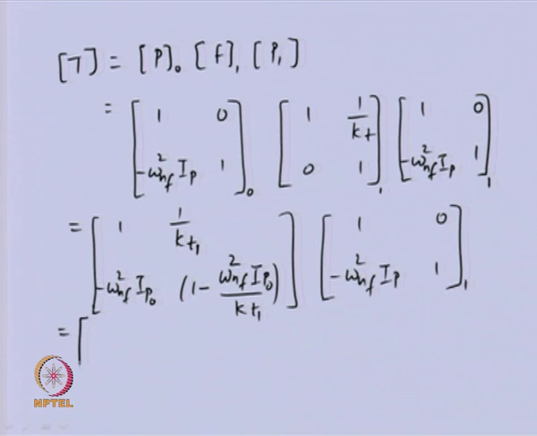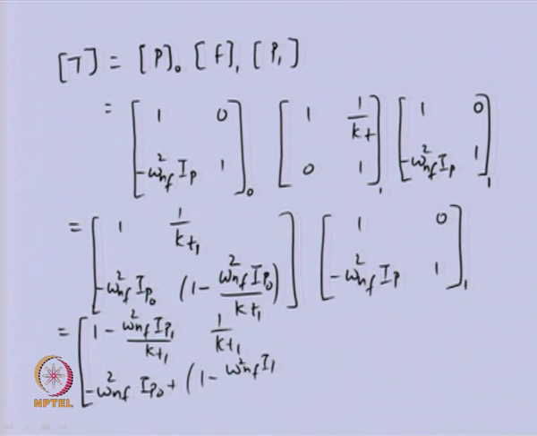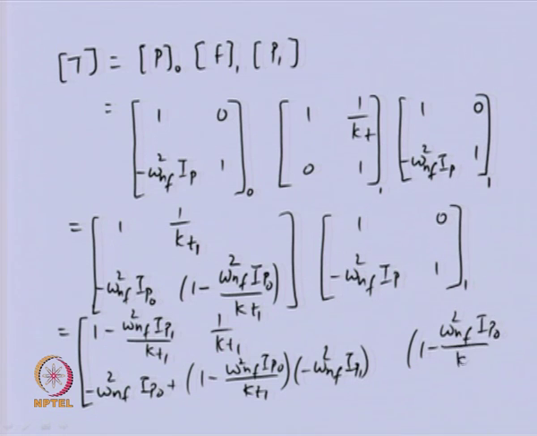Now, if we multiply this, we will get IP1 by KT1, then 0 1 by KT1, and then minus omega NF IP0, and plus 1 minus omega square NF IP0 by KT1 and minus omega square NF IP1, and the last term is 1 minus omega square NF IP0 by KT1.